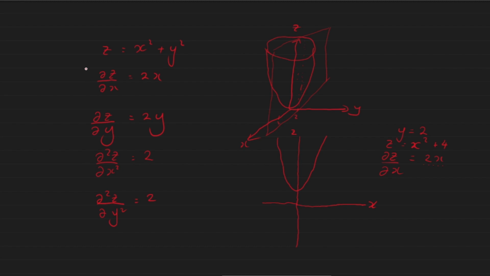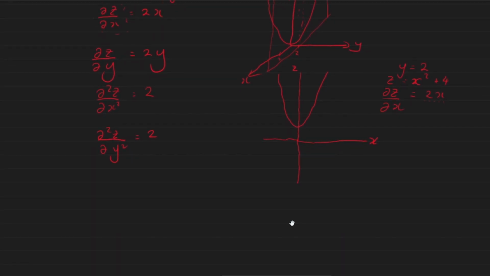And then if we take this derivative and then find the derivative of that with respect to y, in other words, we find the mixed partial, ∂²z/∂x∂y. So the derivative of this with respect to y is just going to be 0 because there is no y in this function. It's just x, and x is being taken as a constant.